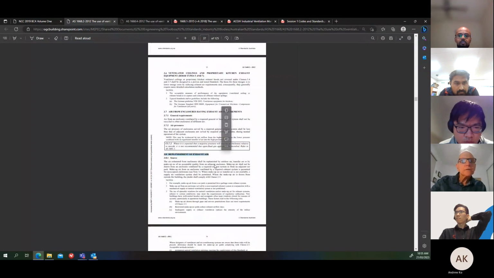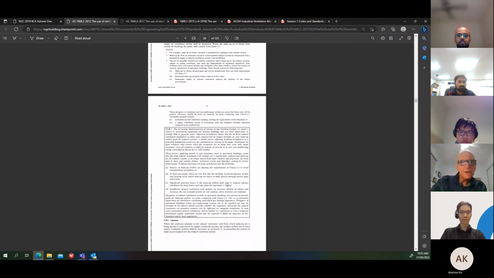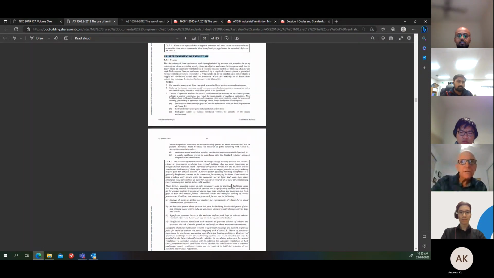You've always got to try and provide an air balance in the building. If you've got exhaust going out, where's the makeup coming from? If it's a toilet exhaust, it might be drawing the excess outside air from the occupied space to provide the exhaust makeup. If it's a kitchen, you might have to have a separate outside air supply to the kitchen. Plus, you might have some makeup from adjacent areas. So be familiar with that.